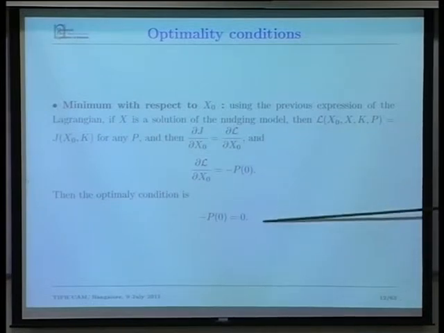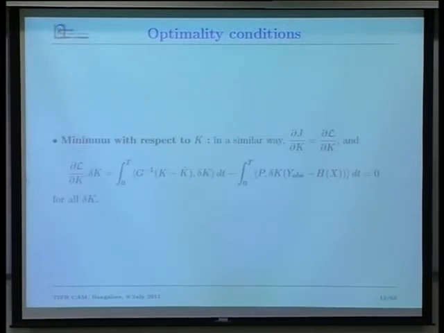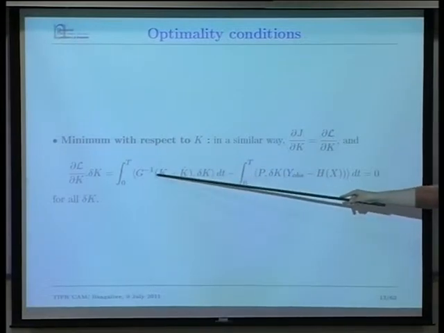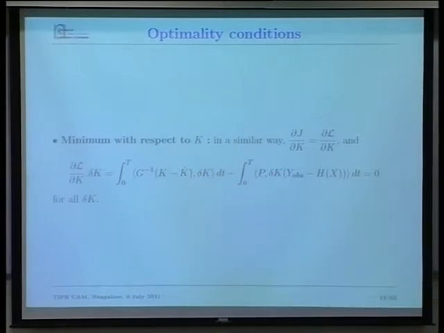And the optimality condition would be that the adjoint state at time 0 is equal to 0. Then the minimum with respect to K. It's pretty easy to compute, except that K could be a matrix.